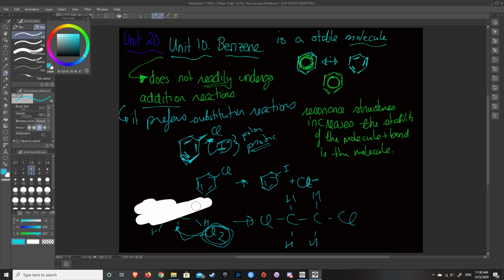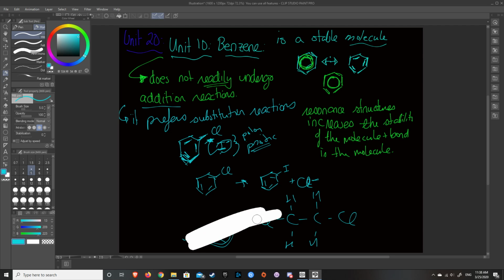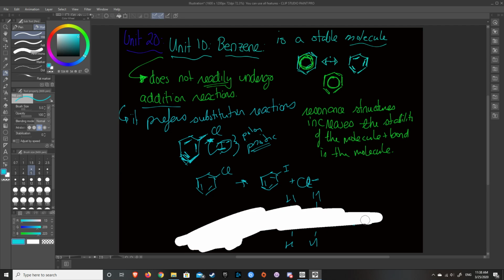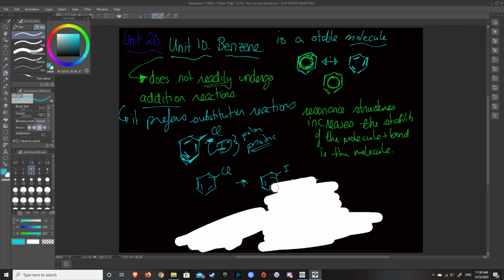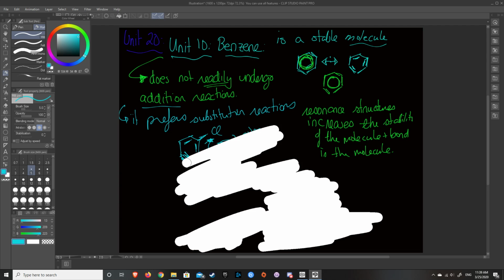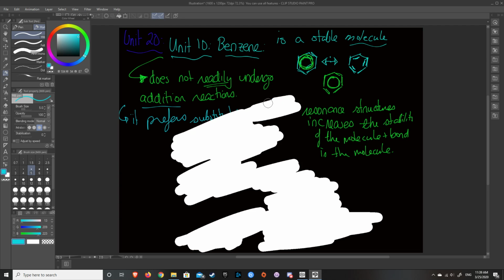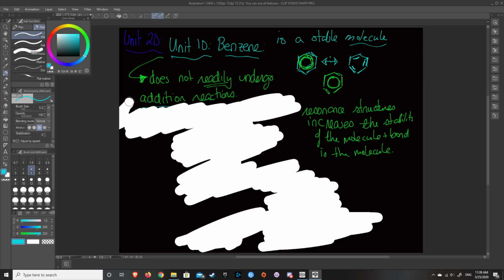So today what I'm going to show you is how we can make benzene react, and this is a very specific circumstance. If you read your textbook, it goes into depth a lot.